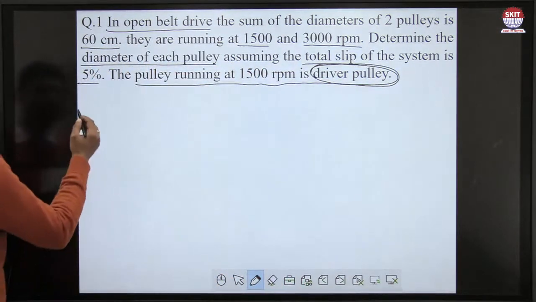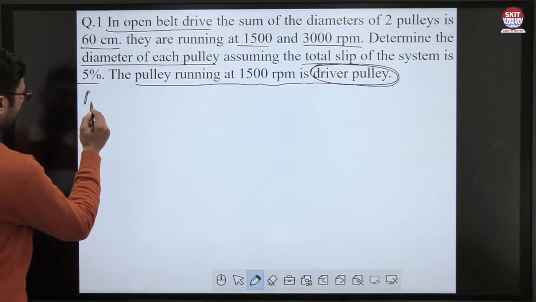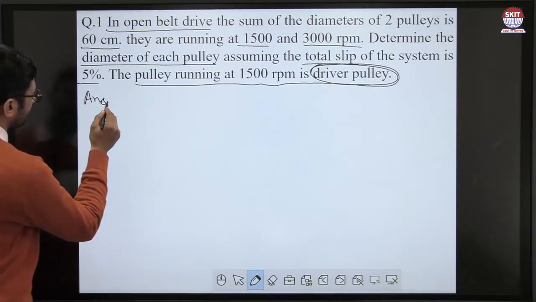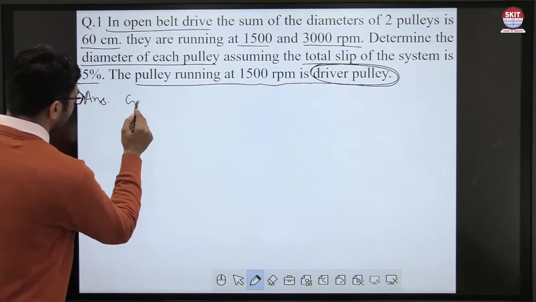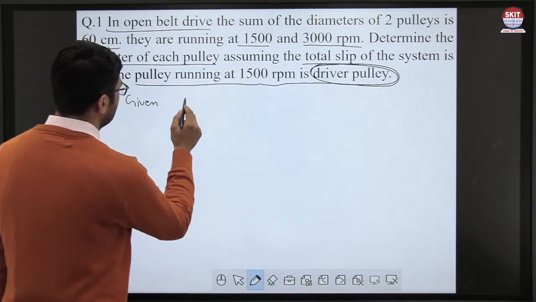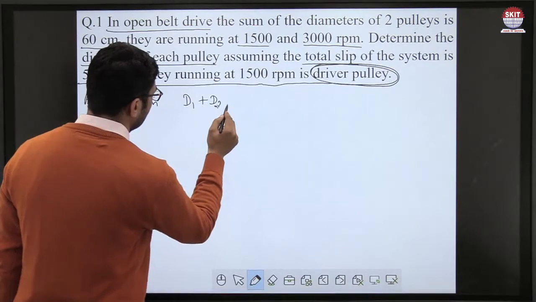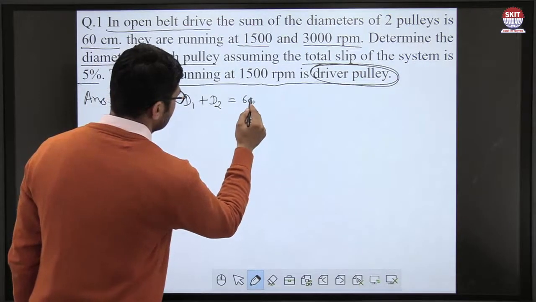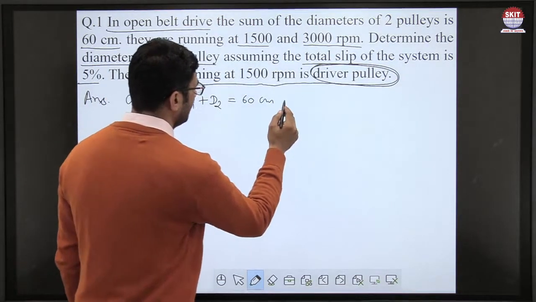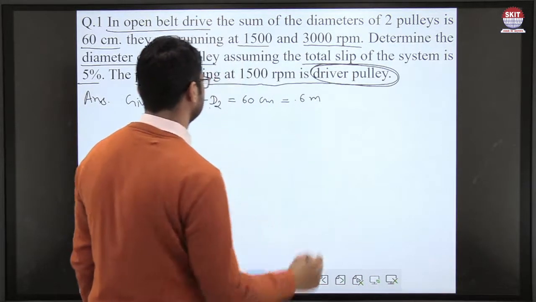So in the question, given is the value of D1 plus D2 equal to 60 centimeter, and we can write this as 0.6 meter.